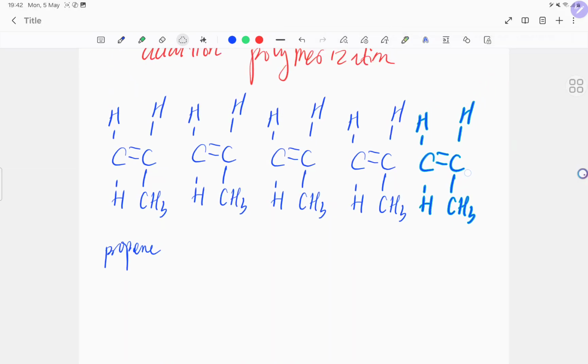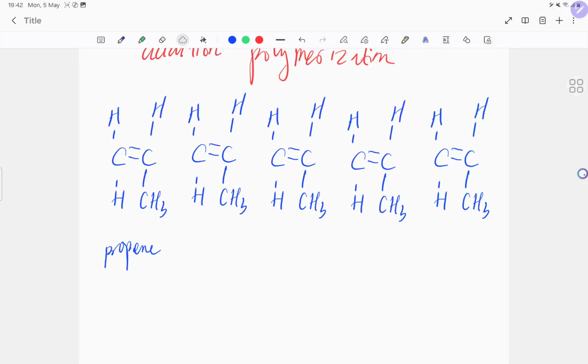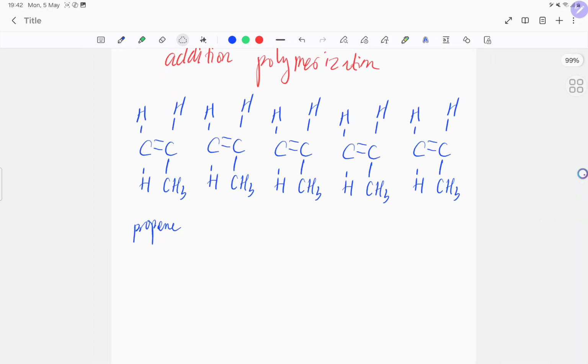You've got lots of propene. So under the condition of high pressure and temperature, and sometimes some catalysts, the double bond of this propene will be broken. And they turn to this.